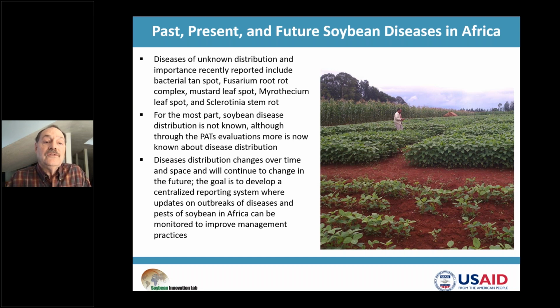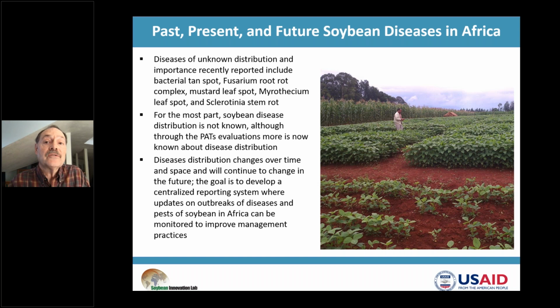We know that disease distribution changes over time and space, and some diseases change more than others. For example, soybean rust is one of the most explosive soybean diseases because it produces a super abundant number of airborne spores. But these spores depend on air currents and other factors, and sometimes it can be the number one disease in one season at one particular location, and then the next season it's not found at all.